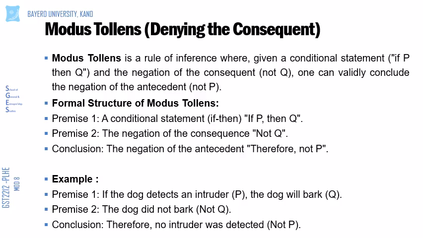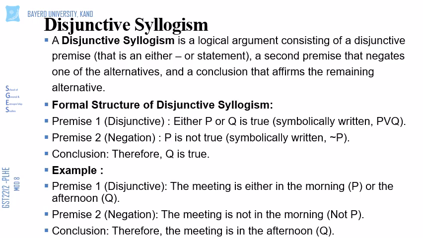That's why you see premise number 2, the dog did not bark, which is not Q. Therefore, no intruder was detected. You see, not P. If the dog detects an intruder, the dog will bark. The dog did not bark, therefore no intruder was detected.